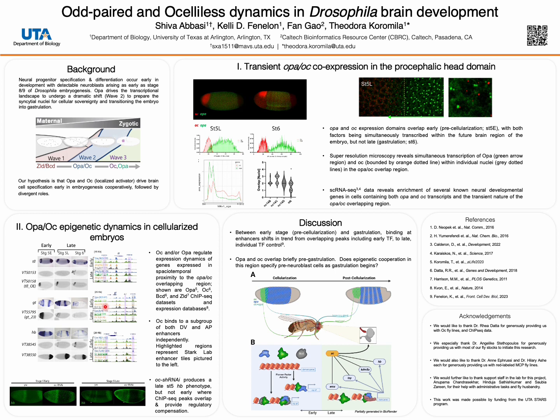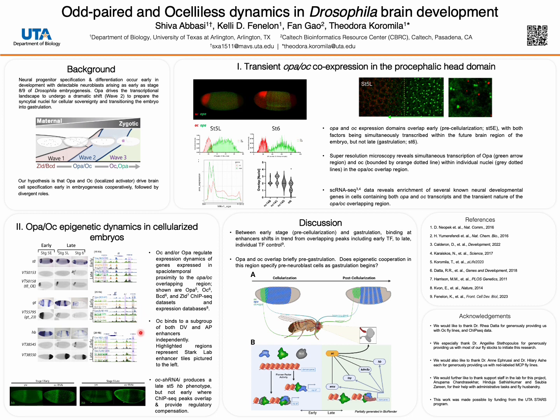Here we compared OPA and OC ChIP-seq data together with Bicoid and Zelda ChIP-seq data, and we can see that, for example, for this enhancer G30, which drives giant's head expression at earlier stages, OPA, OC, as well as Bicoid and Zelda can bind to this region.